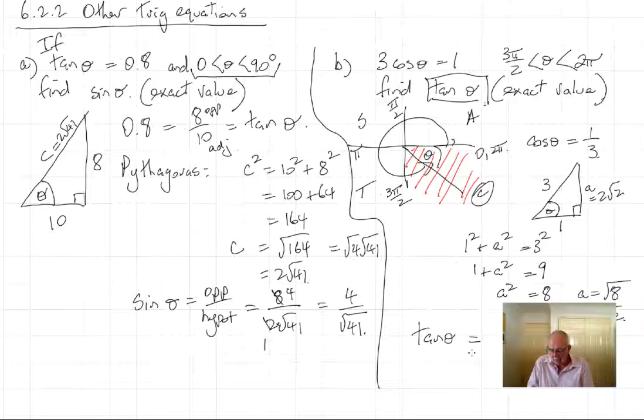So we know that tan is going to be negative, and then we can look in this diagram here, and what is the tan of theta? It will be just 2 root 2 over 1, so it'll be just 2 root 2. Okay, so that will get us through tan of theta, 2 root 2, and that should just about get us there, I think.